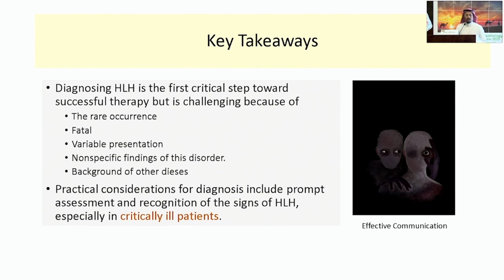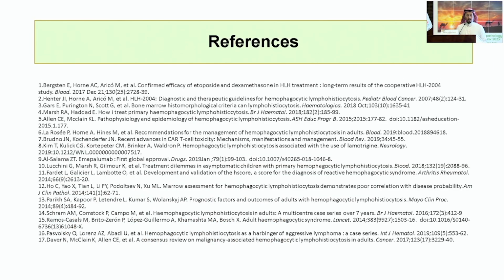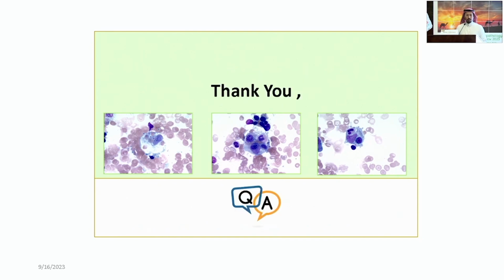But practical consideration for the diagnosis is essential, and effective communication between the clinician and the pathologist is essential for diagnosis, especially in patients with a critical condition. This is my reference. Thank you.